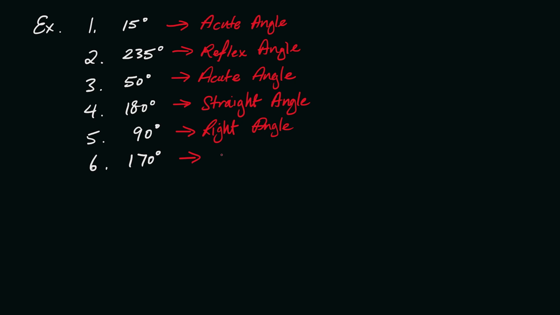And lastly, we have 170 degrees, which is smaller than 180 but larger than 90, so it's an obtuse angle.